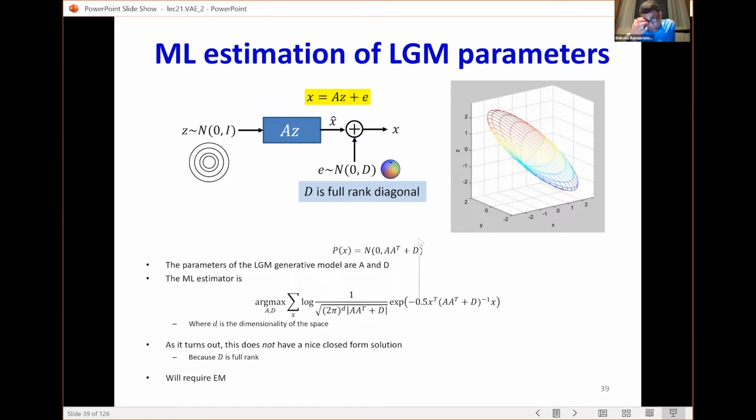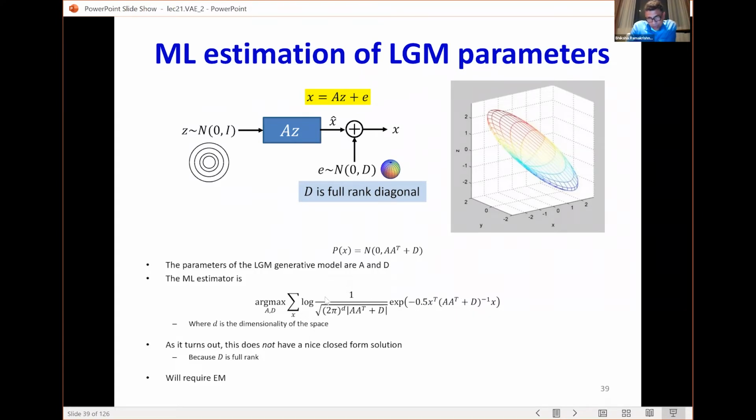And so the log likelihood of any data instance is going to be the log of a Gaussian computed using these parameters at X. Because the mean is 0, X minus mean transpose is just X transpose. The covariance is A transpose plus D, so this is A transpose plus D inverse.